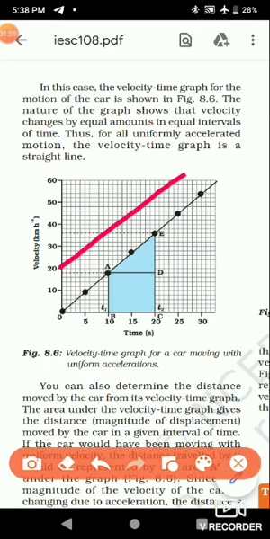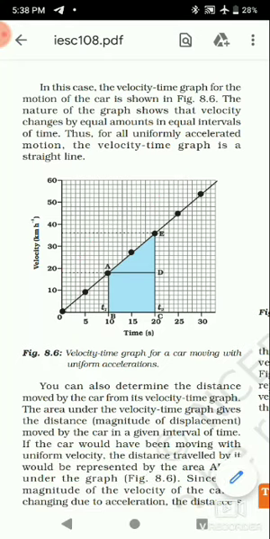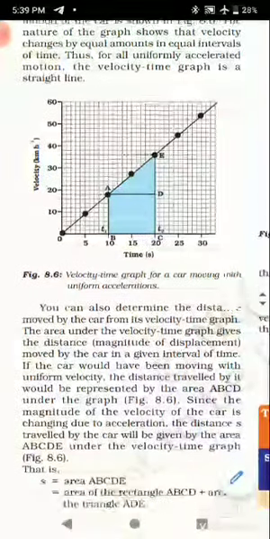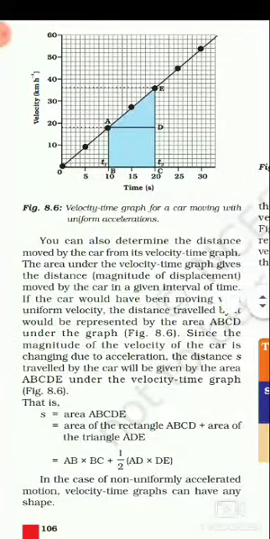Okay, so next, we can also determine the distance moved by the car from its velocity-time graph, and the area under the velocity-time graph gives the distance, that is the magnitude of displacement moved by the car in a given interval of time. If the car had been moving with uniform velocity, the distance travelled by it would be represented by the area ABCD. Now since the magnitude of velocity of the car is changing due to acceleration, the distance travelled would be ABCDE.